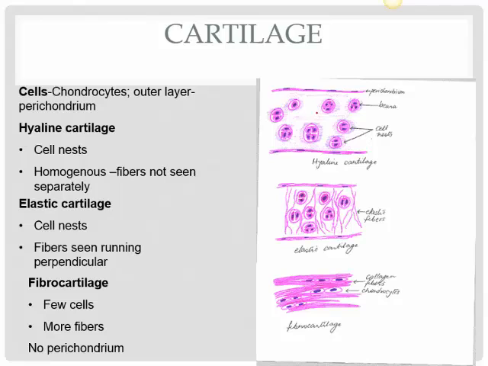So we cannot make out the fibers separately from the ground substance. They both look as one. So it gives a very glassy, homogeneous appearance. That's what I mean by homogeneous. That means the fibers are not seen separate from ground substance. The reason being their refractive index is the same. So when you look at it under the microscope, because light gets refracted, we can't tell the difference.